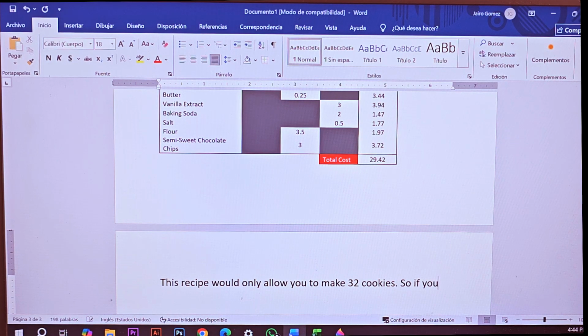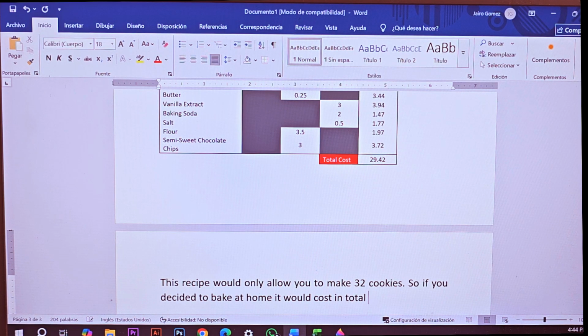So if you decided to bake at home, it would cost in total $58.84 to bake at home, since you would need to make 2 batches.